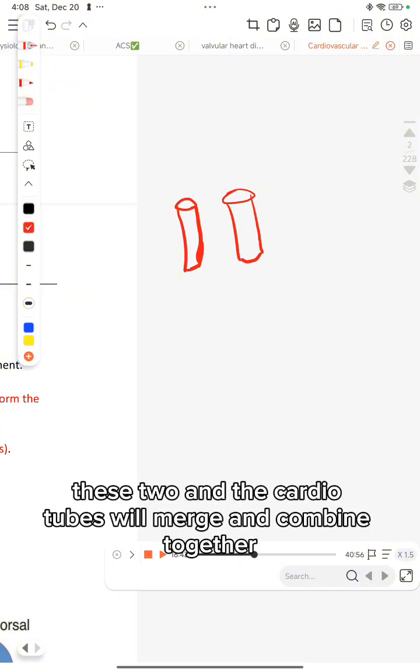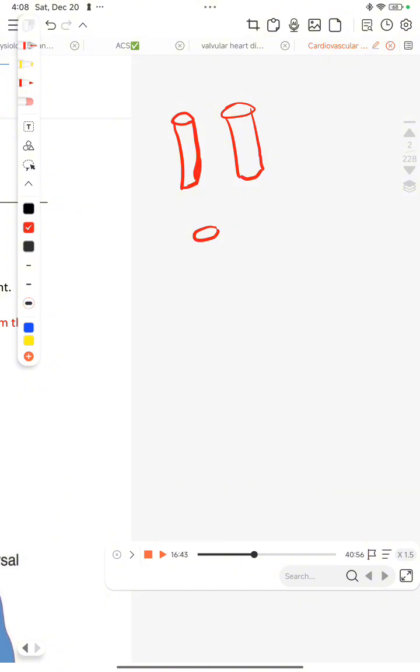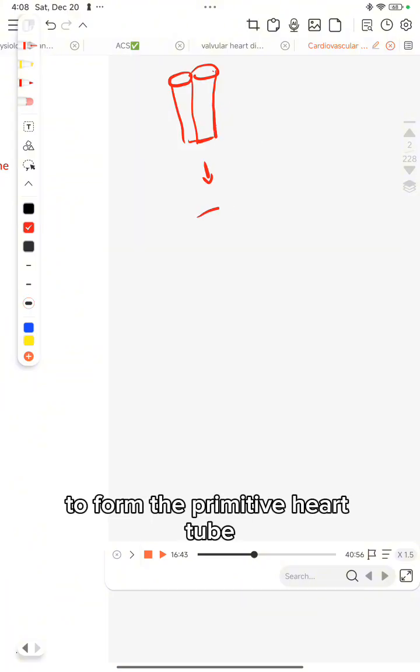These 2 endocardial tubes will merge or combine together to form the primitive heart tube.